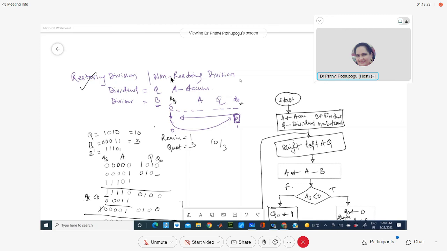You need to answer them with the corresponding flowchart and example, a different example for each. Non-restoring I'll anyhow complete next week, but take the question. Okay, no further queries, we can stop.